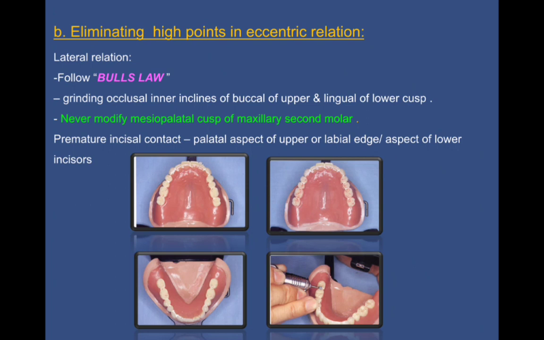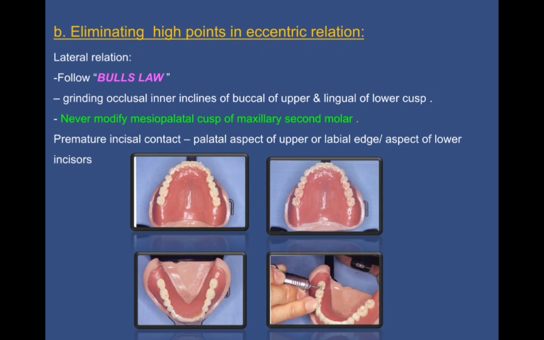In Bull's law, on the working side you are going to eliminate the contacts which are on the non-functional cusp. So here Bull's law, buccal for upper and lower lingual. These are the non-functional cusps.